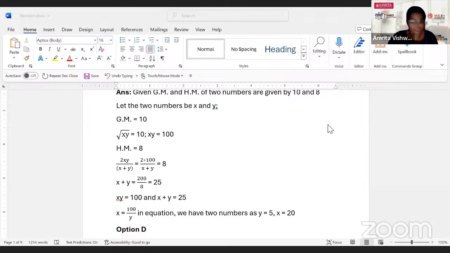If there are any queries, I would request you to type that in the chat box. Very basic question. You have to know two formulas in order to solve this. Very basic idea about what is geometric mean and what is harmonic mean.